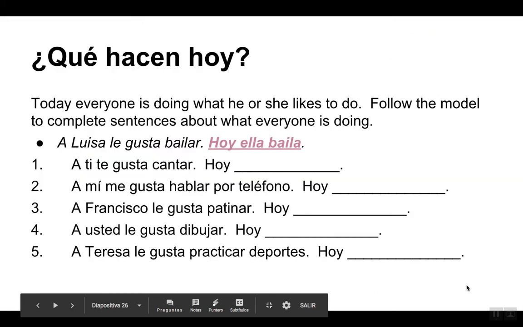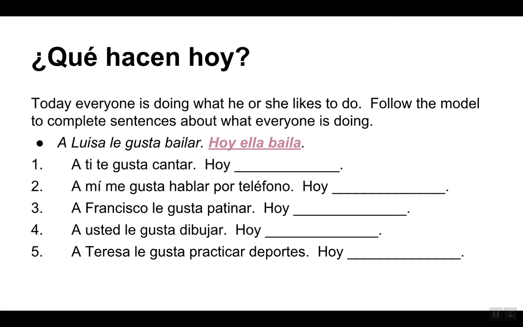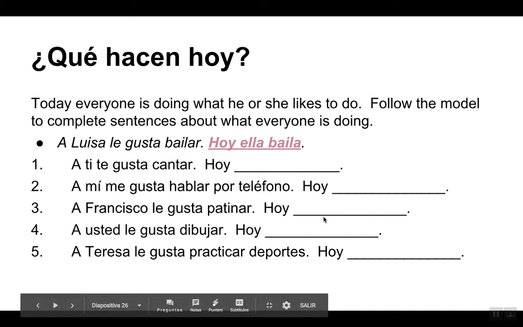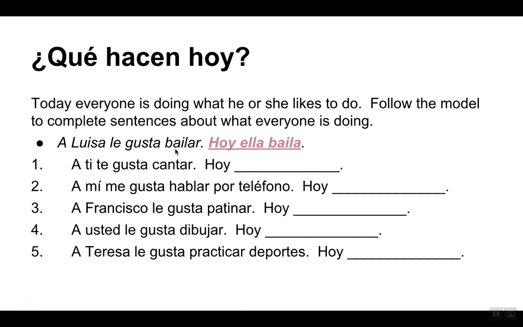All right? Let's try with some practice. Today, everyone is doing what he or she likes. Follow the model to complete sentences about what they're doing. For example, a Luisa le gusta bailar. So Luisa likes to dance. How can I say what she is doing today? Today, hoy, ella baila.